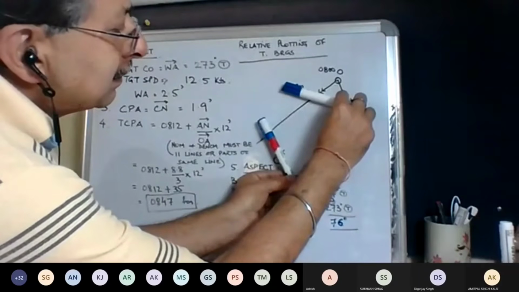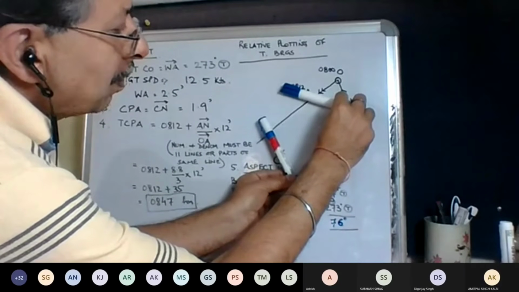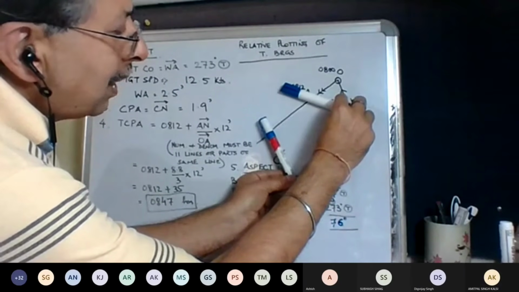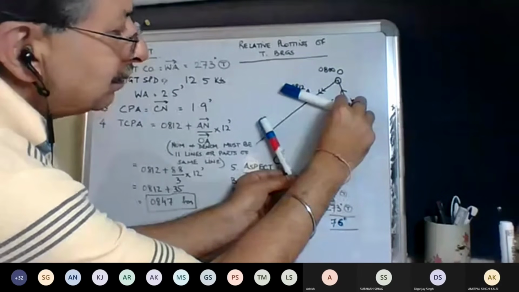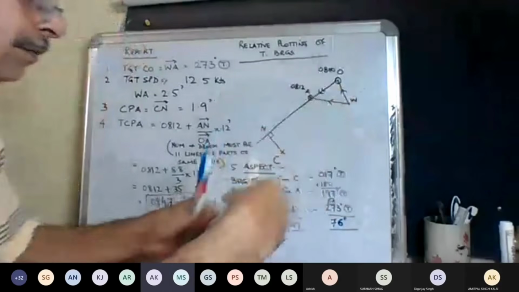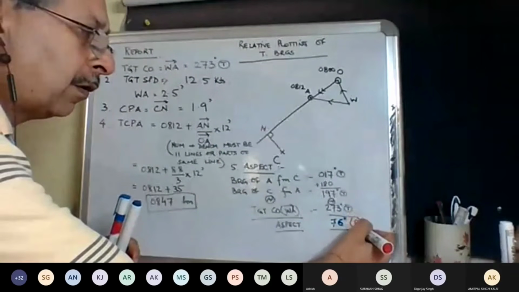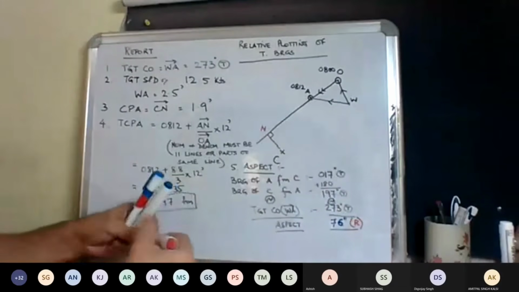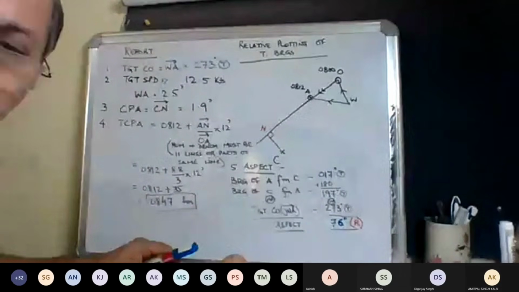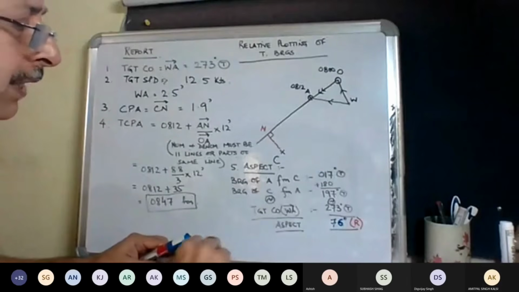Target is coming like this. At night, what light of the target will you see? Red. So therefore, red. So aspect is red 76.